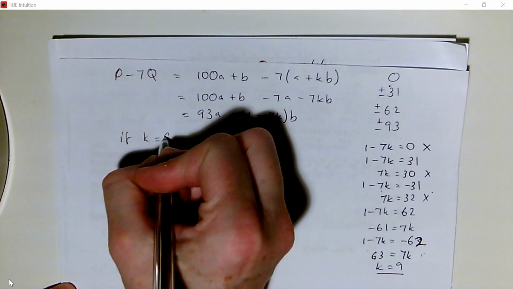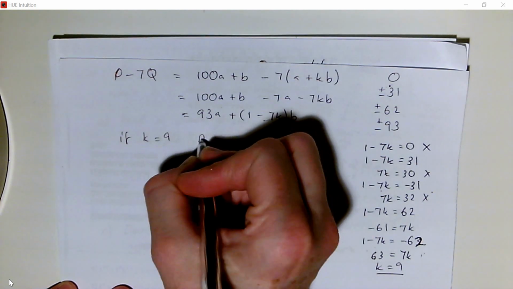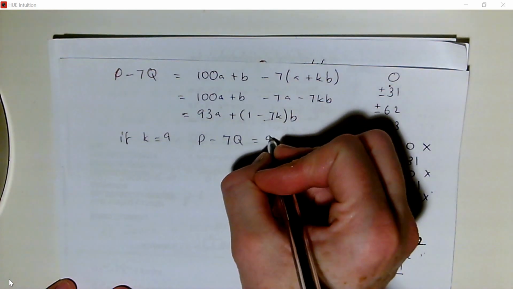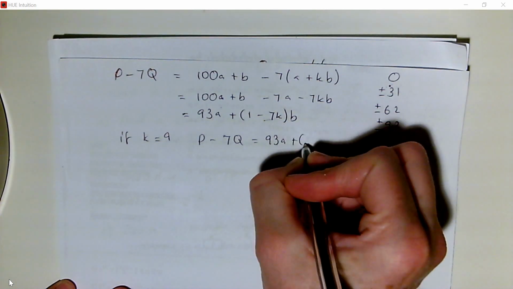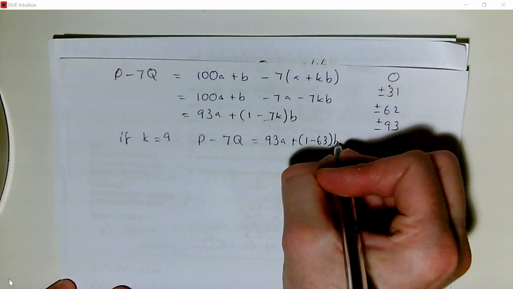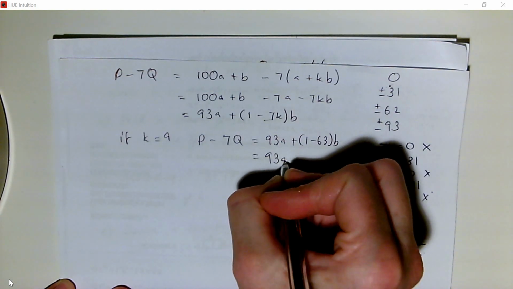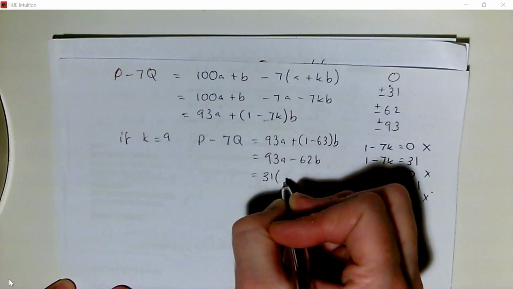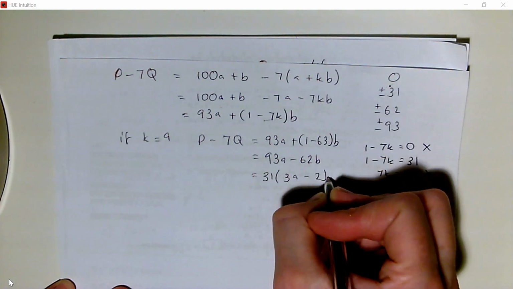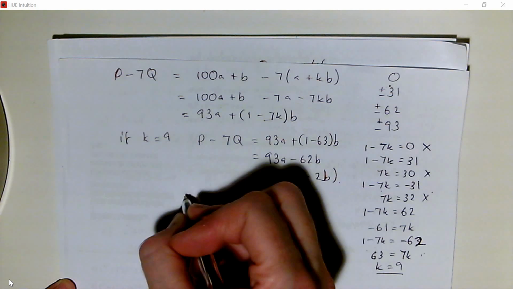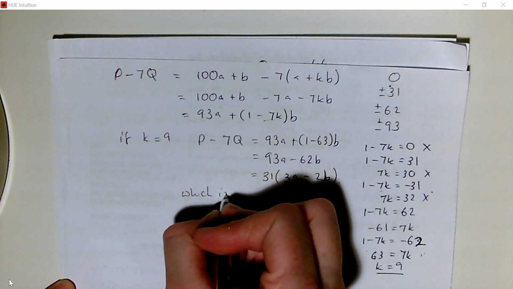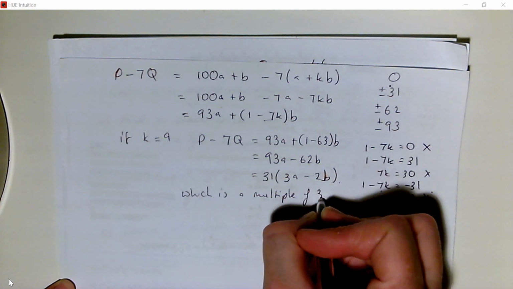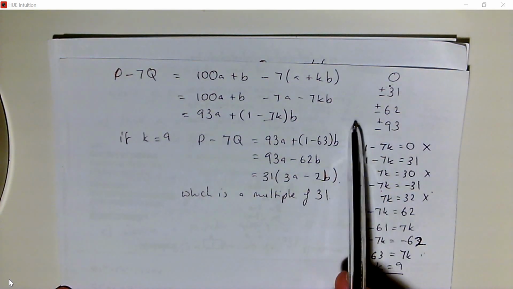So if k equals 9, then p minus 7q is going to equal 93a plus 1 minus 63b. So that's minus 62b, and we can take out 31 as a factor. So I've just kind of finished off that result.